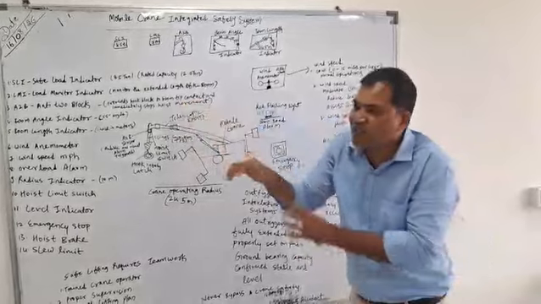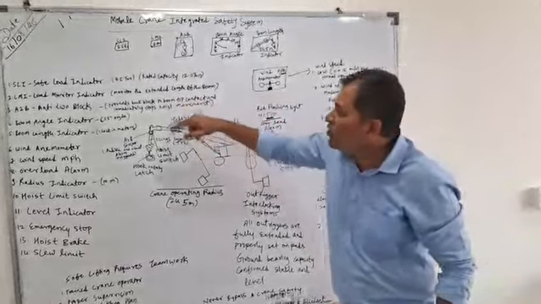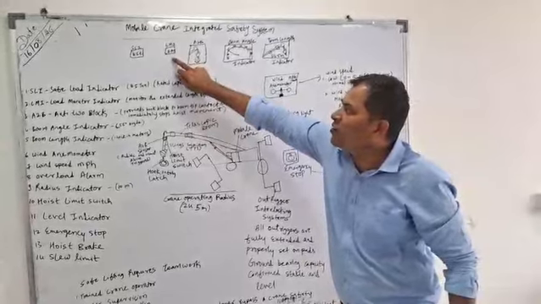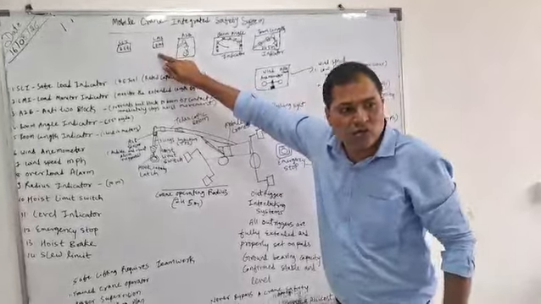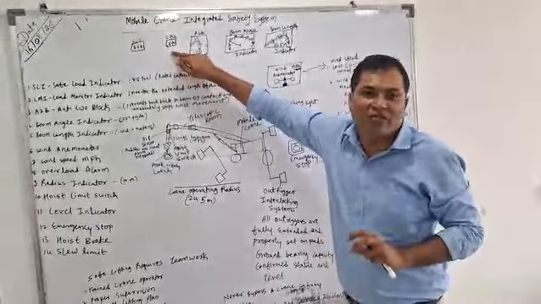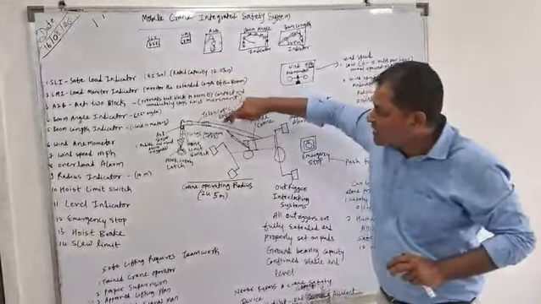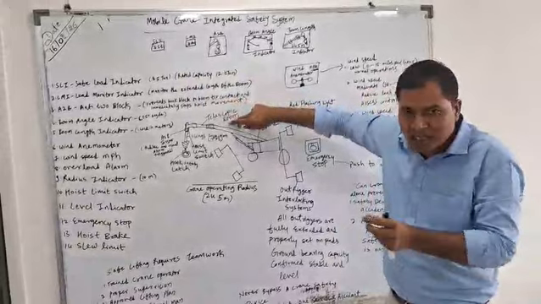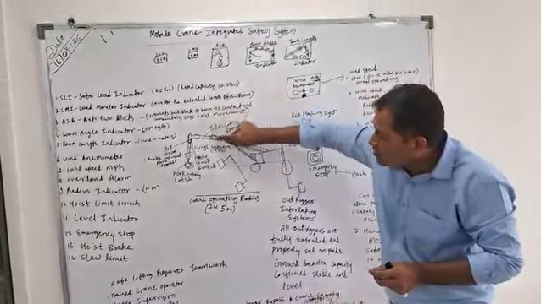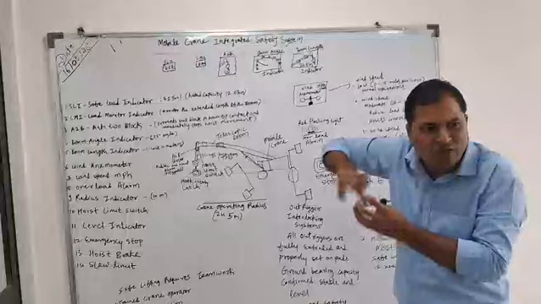Once you start extending, your safe workload says you have to lift a minimum amount of load. If you do not extend your boom, in a normal way, you lift it from here only, then you can go for maximum.